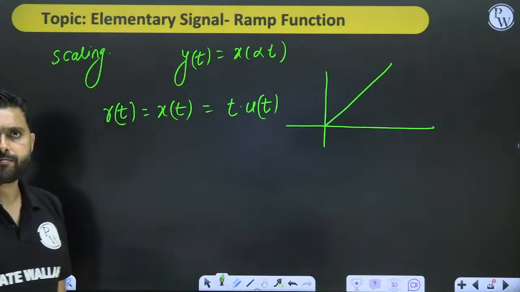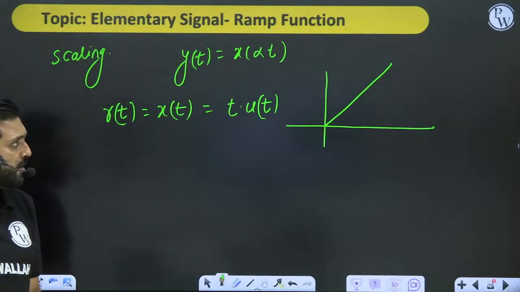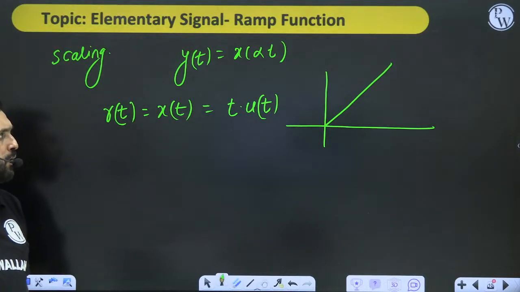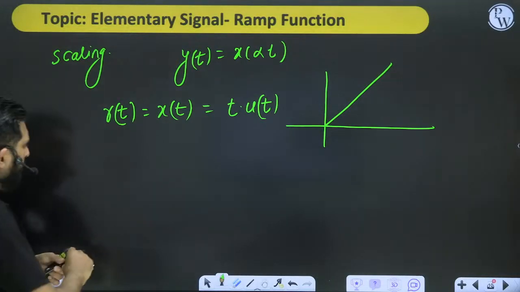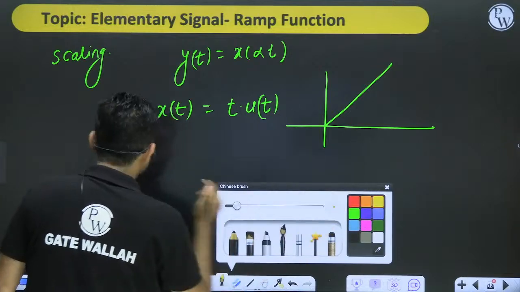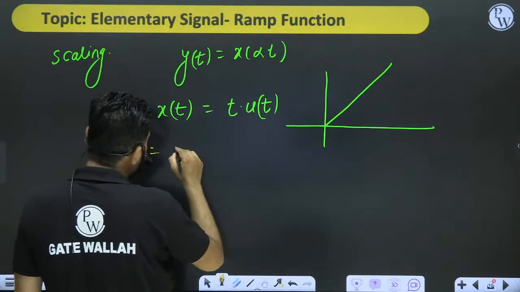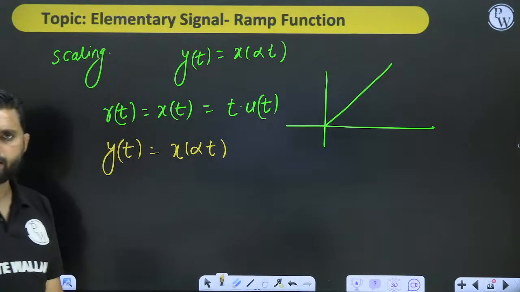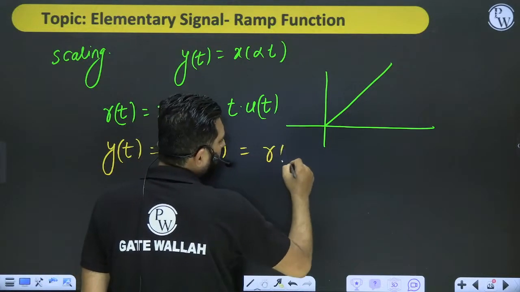Now my point is that, listen carefully, suppose someone asks you, for example, I have y(t) which is x(alpha t), then how will you write? You will write this as r(alpha t).